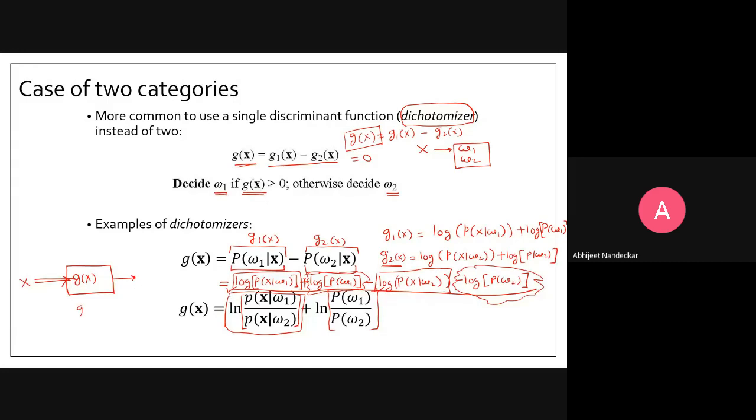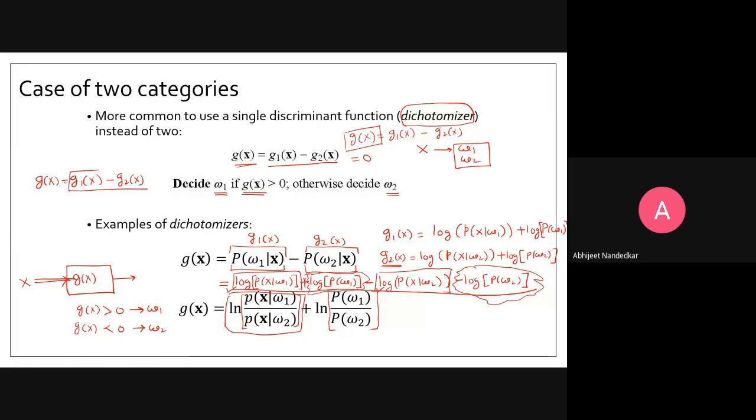If g(x) is greater than 0, my decision is omega 1. If g(x) is less than 0, my decision is omega 2. So why am I saying that? g(x) is defined as G1(x) minus G2(x). So when will this be positive?